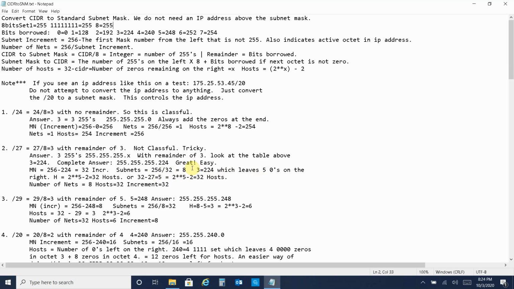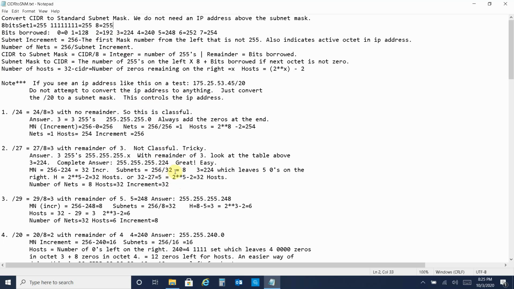Okay, looking at this, we want to find out how many zeros are left. And you can kind of do this intuitively. You can count these up. These are all contiguous ones. So you've got 8 times 3 is 24. And 24 plus 3 is 27.